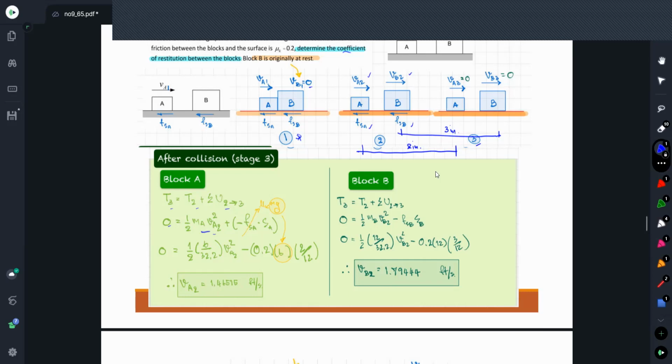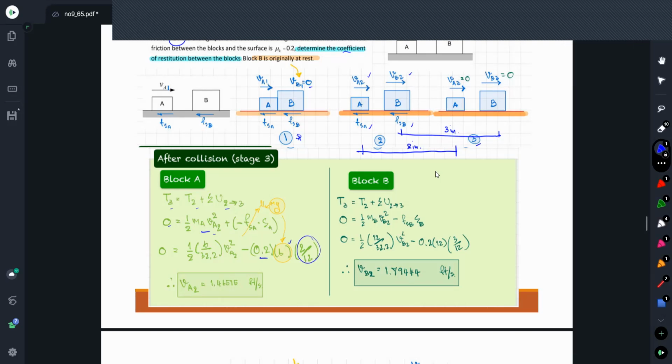We substitute mg, which is the weight already, and the coefficient of kinetic friction equal to 0.2 into the equation. Be careful for this problem because we have a lot of units, so we have to convert for consistent units. We change inches to feet by dividing by 12.